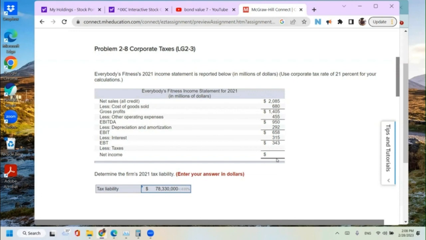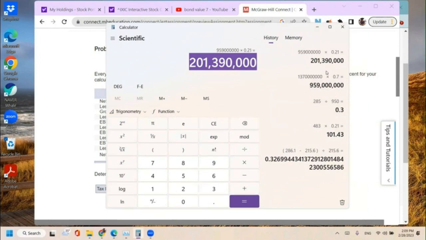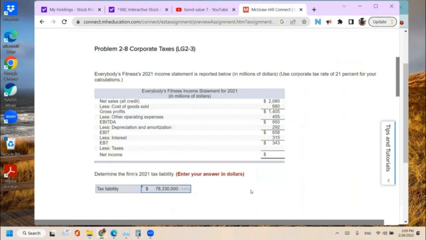Okay. Yeah, I get it. All righty. So the answer to the problem is 201 million. I don't know. You need to calculate it again from the textbook. Whatever was EBITDA, right? So we came to this.